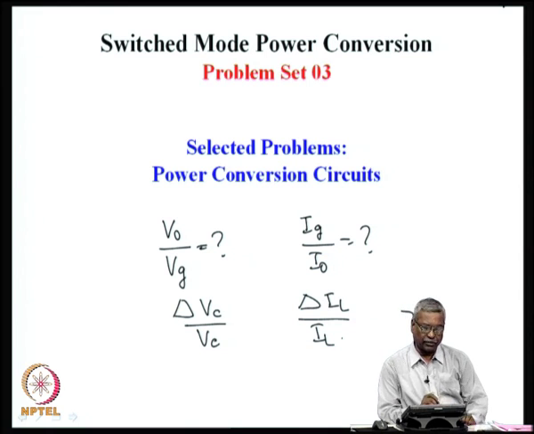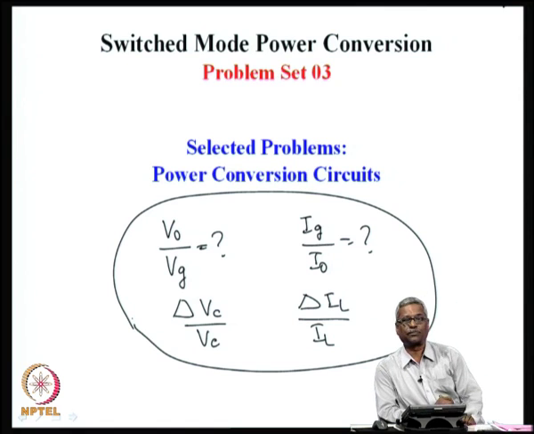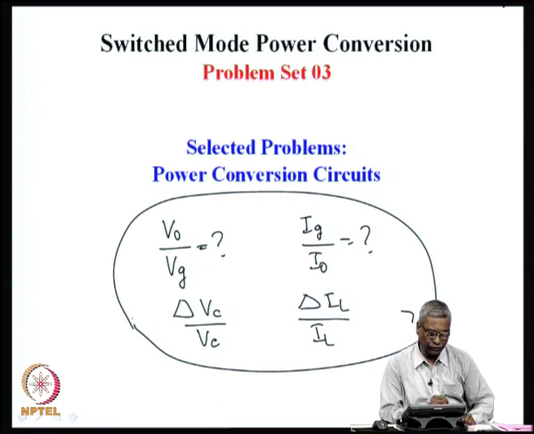So, in today's session, we will try to take several power converter circuits and apply the principle of volt second balance and charge balance and evaluate under ideal conditions what is the voltage conversion ratio, what is the current conversion ratio. Similarly, what are these voltage ripple quantities, current ripple quantities, or alternately if these ripple quantities are specified, what is the value of inductors and capacitors to be used in a circuit, and so on.